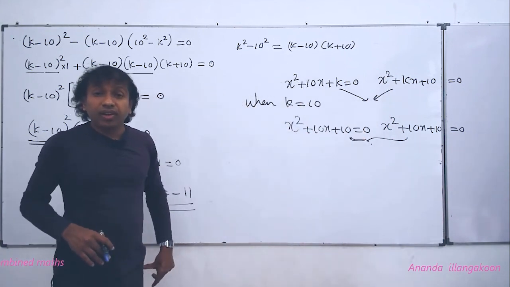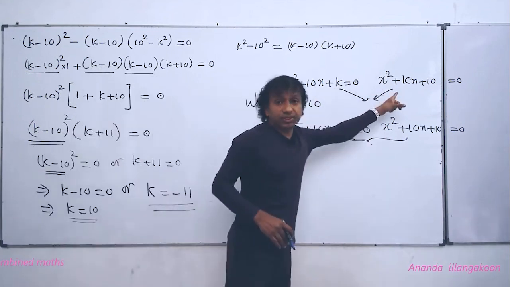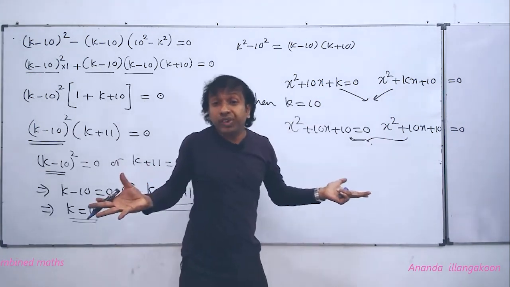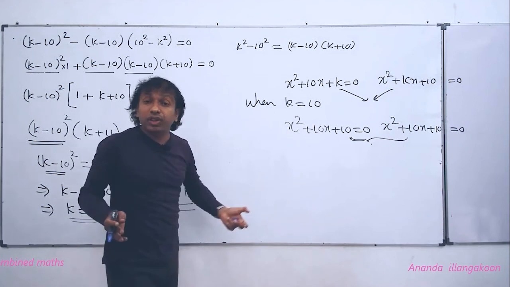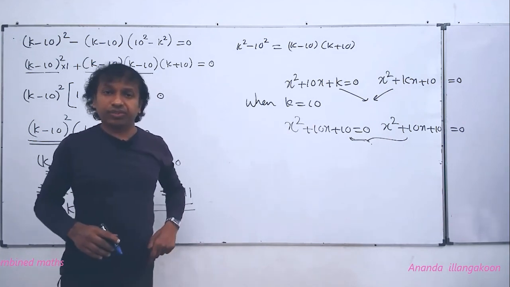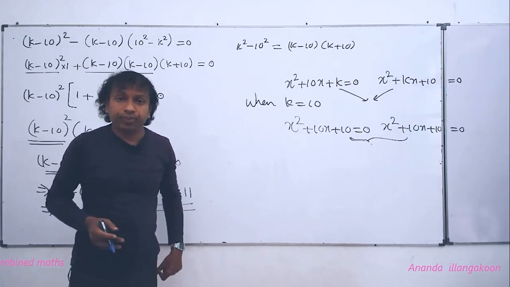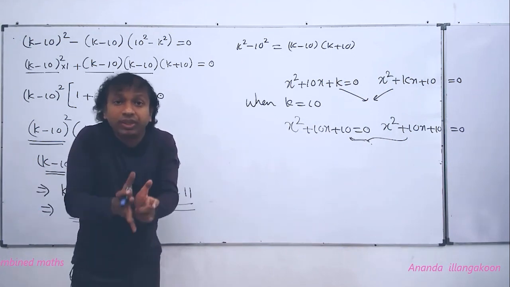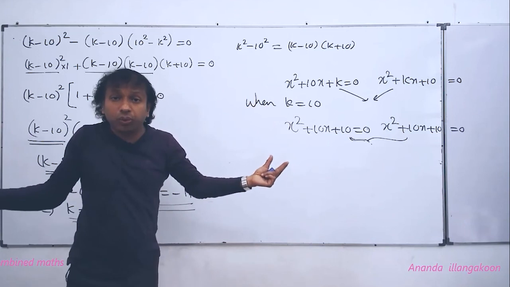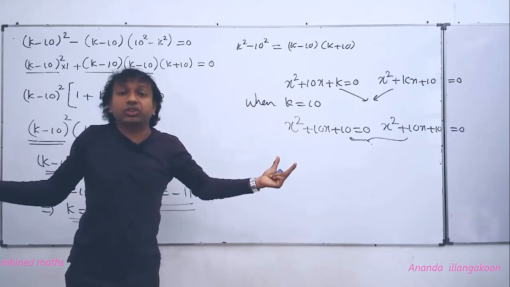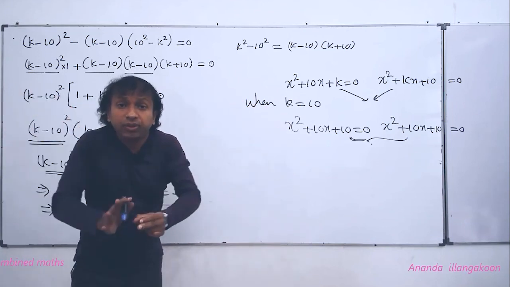People, now there are no 2 equations. There are no 2 quadratic equations. If there are no 2 quadratic equations, how can we speak about the common thing for them? In order to speak about the common thing, there should be 2 different things, no? For 2 different equations only, we can speak about the common root.